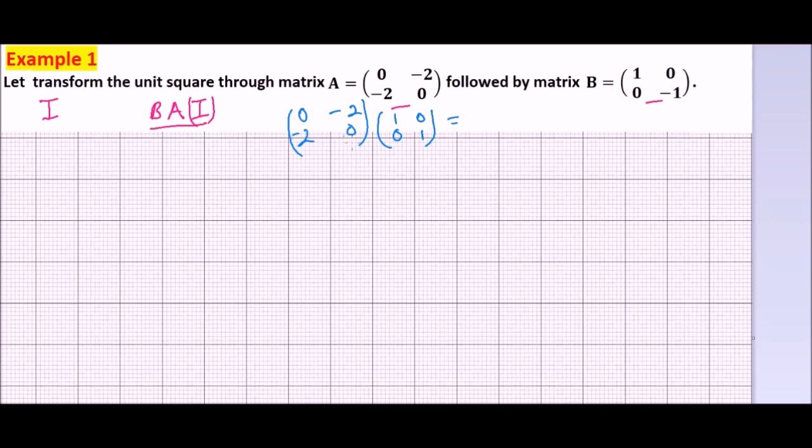Remember, this is the image of I and the image of J. So let's draw the unit square. This is our origin, this is our 1, this is our 1. This is Y, this is X. So our unit square will be this.